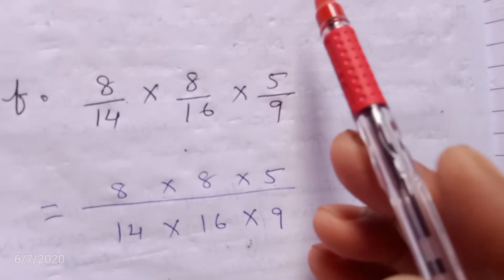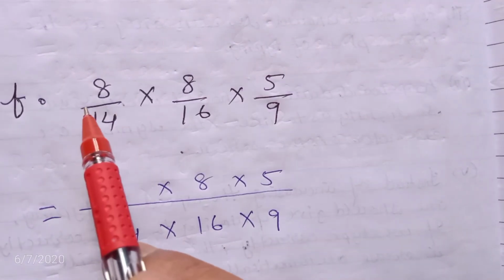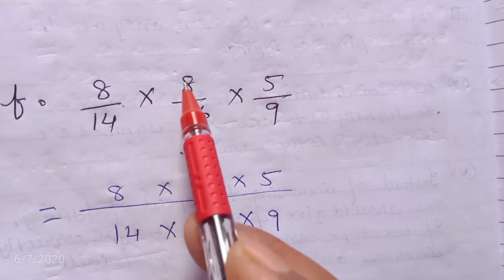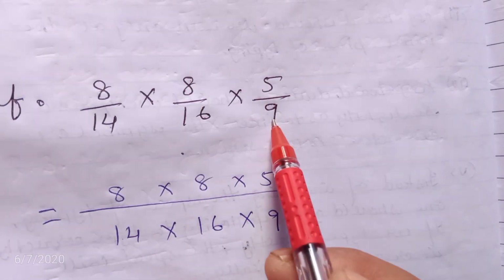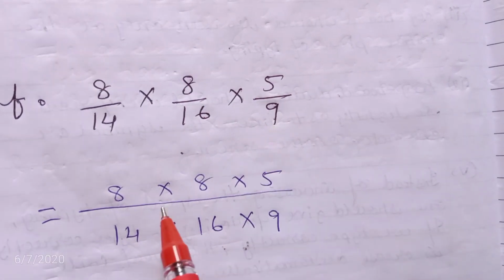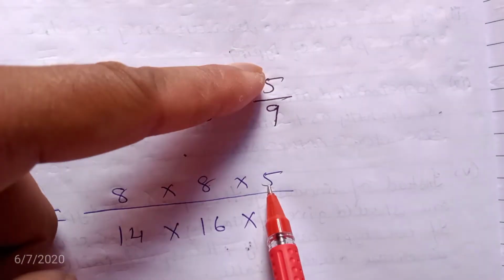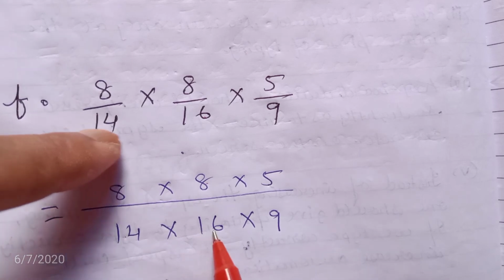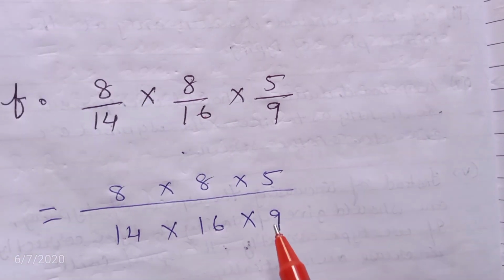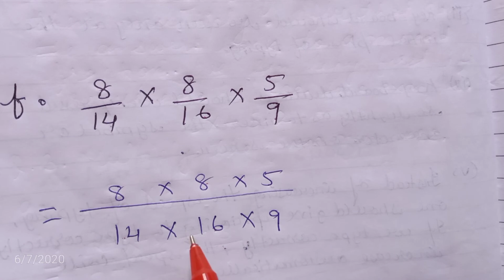Now see one more question, students. Number F: 8 by 14 into 8 by 16 into 5 by 9 equals numerators 8 into 8 into 5 divided by denominators 14 into 16 into 9. Now cancel the common factors.